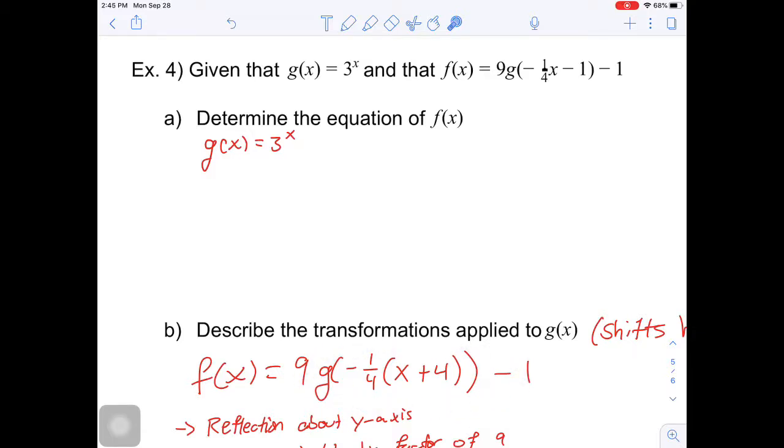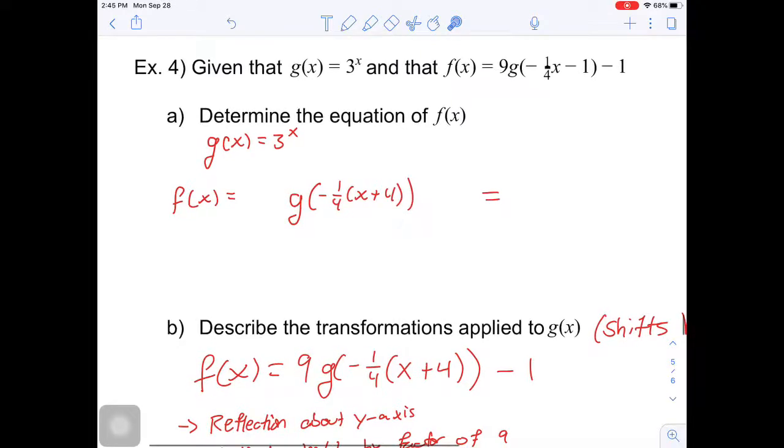Remember, f of x is technically whatever function this is. So let's apply these transformations, and how do we go from function notation into the actual equation? Well, first of all, f of x equals 9 g of -1/4 (x plus 4) minus 1. First I'm going to focus on everything that's happening to the horizontals. Remember, anything inside of g we plug in for x. So we're going to replace x with this, so we'll get 3 to the power of -1/4 (x plus 4). Then we have to multiply this by 9.